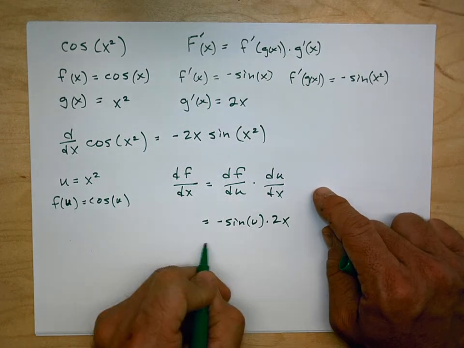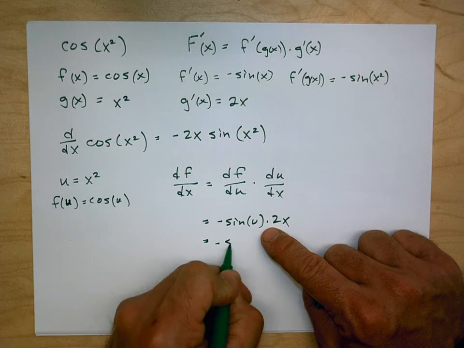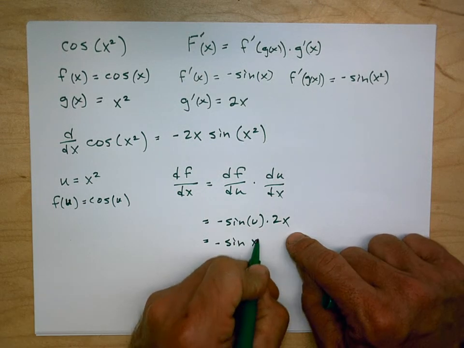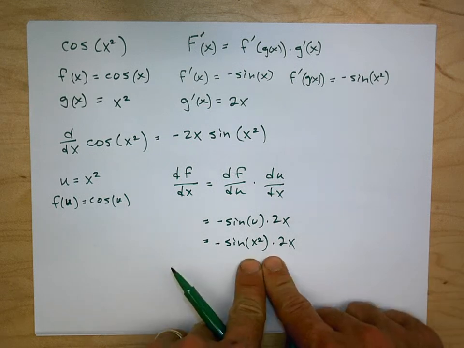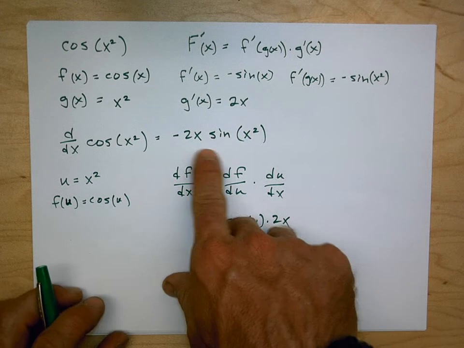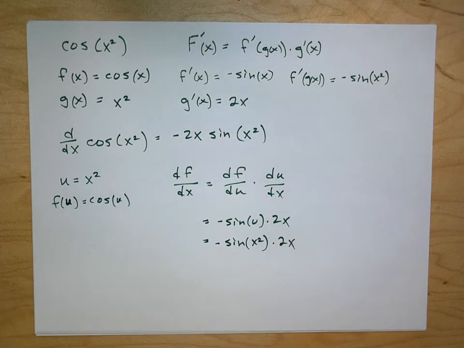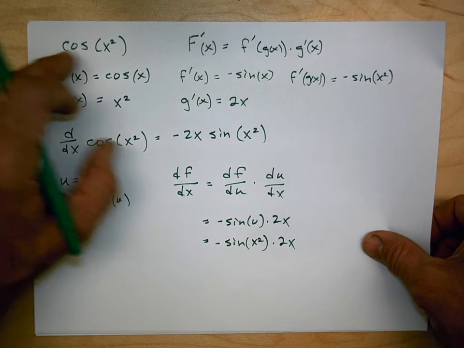And of course, we would have to replace u with what it actually equals to get our final answer. So you could write it this way if you wanted to, or this way. Either way is fine. It's just more often, especially if you're checking answers in the back of your book, that's what it will look like. Okay, so there's an example of how to use the chain rule for composition of functions.